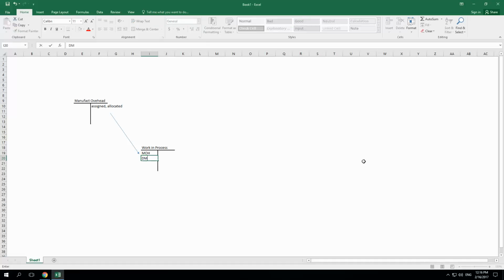You would have direct material and direct labor coming into the work in process. Work in process is an inventory account. Now, on the debit side, that's where you accumulate it. Right? I left an L out. That's where it's accumulated. Okay.